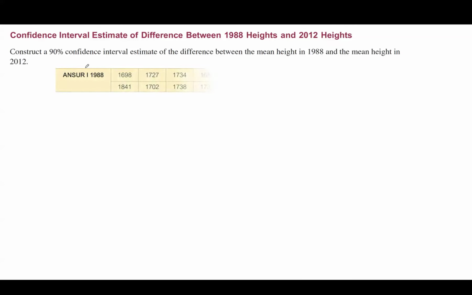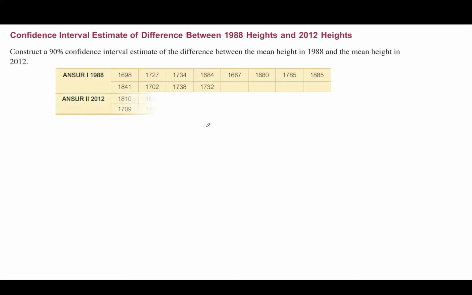We're going to take the very first sample, including 12 members from 1988. So this sample is taken from the first population, and we need another sample taken from the second population.